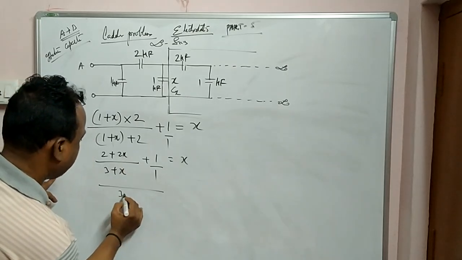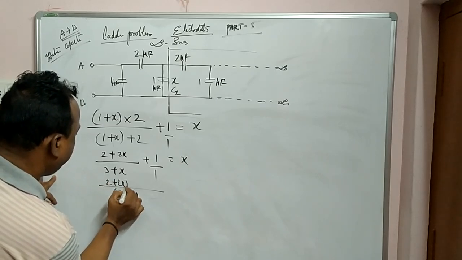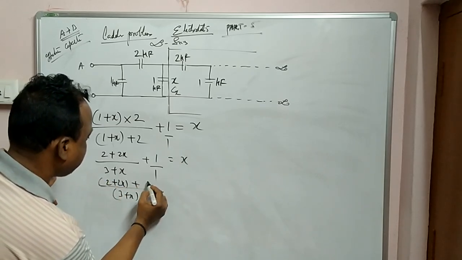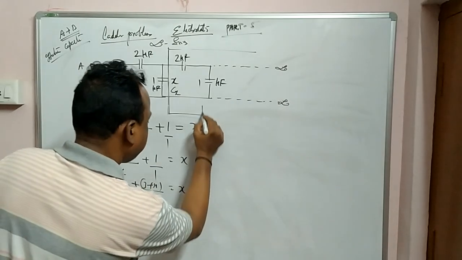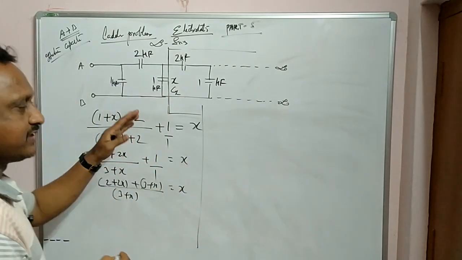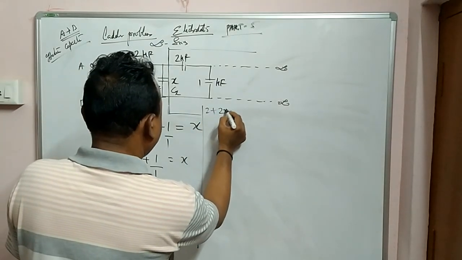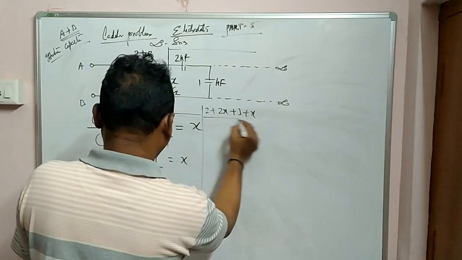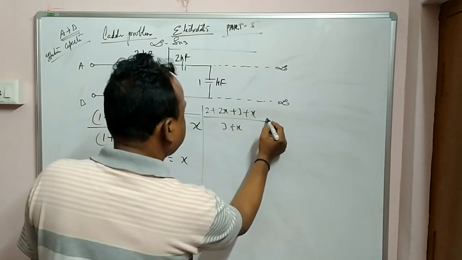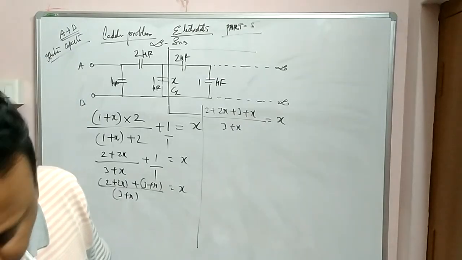LCM, 3 plus x. 2 plus 2x plus 3 plus x is equal to x. See, even though it is laborious, you have to solve it please. 2 plus 2x plus 3 plus x by 3 plus x is equal to x. Now let us see what is happening here.